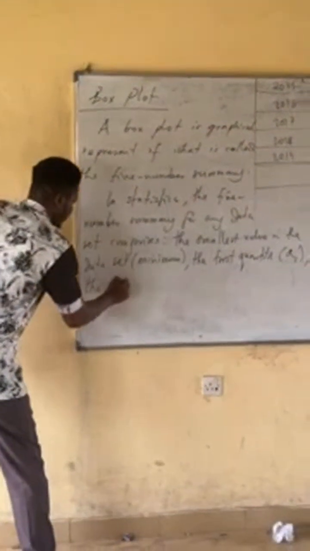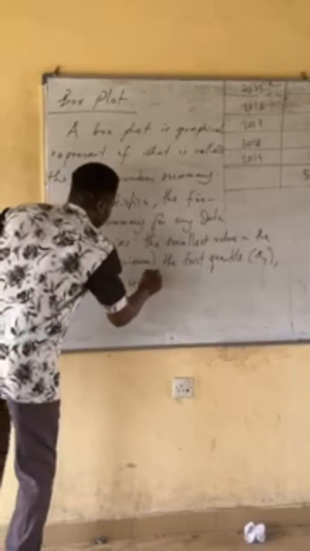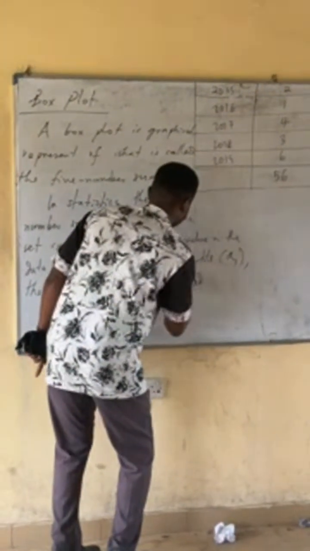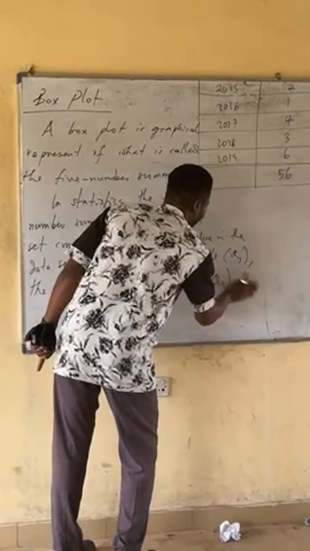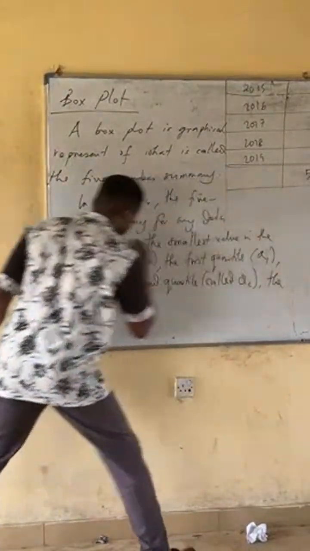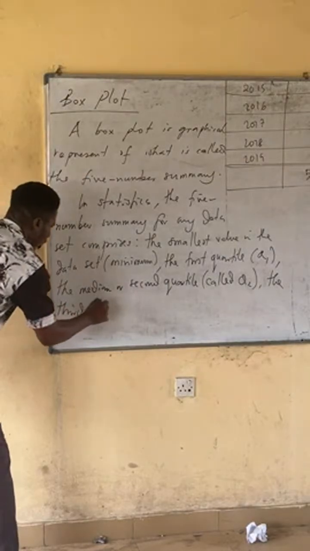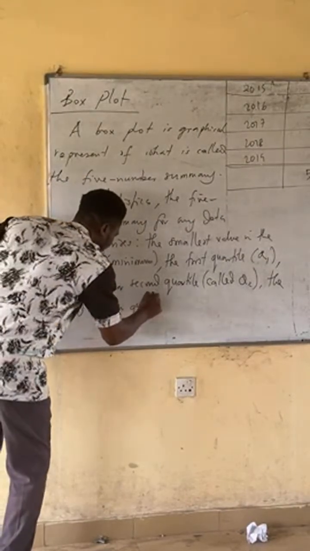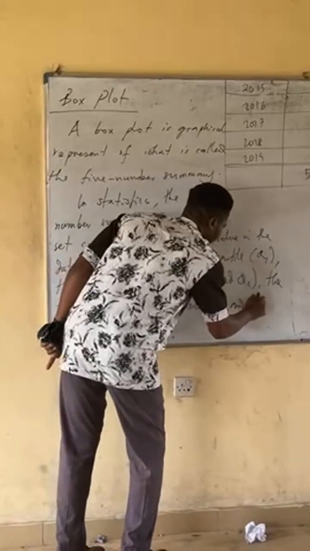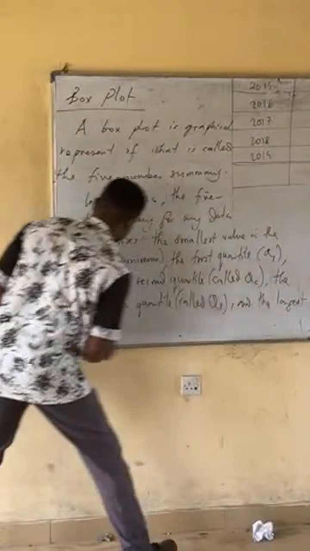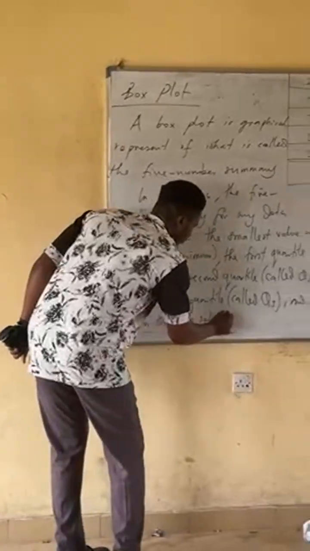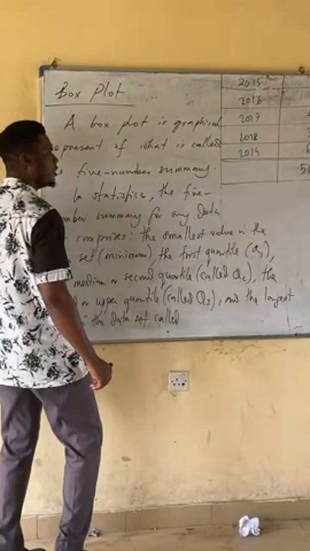The median or second quartile, called Q2, the third or upper quartile, called Q3, and the largest value in the data set, what do you call it?